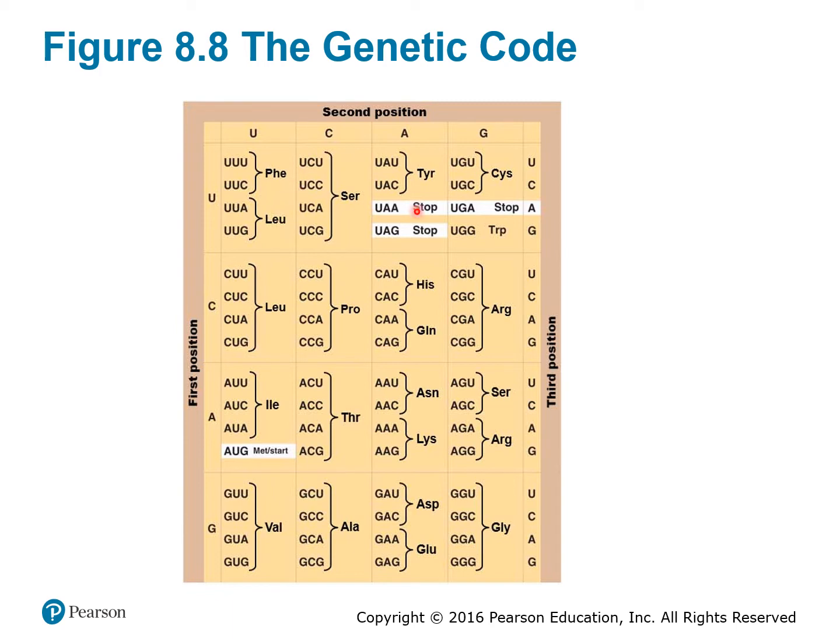For example, if your messenger RNA reads C, then the amino acid that it codes for is proline. If it reads AUG, then this is the amino acid known as methionine.